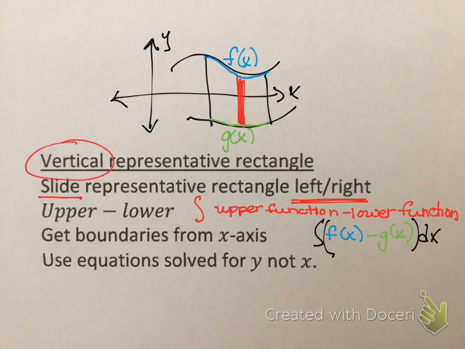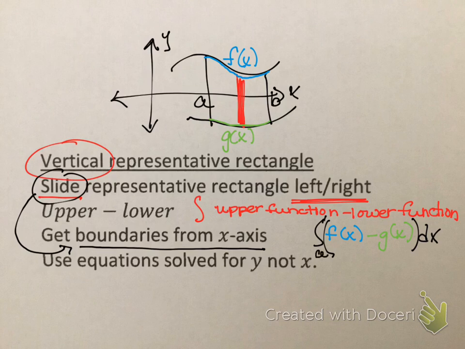You find your boundaries from your slide on the x-axis. So we are sliding from, in this instance, A to B. Please notice that these equations are solved for y, not x.